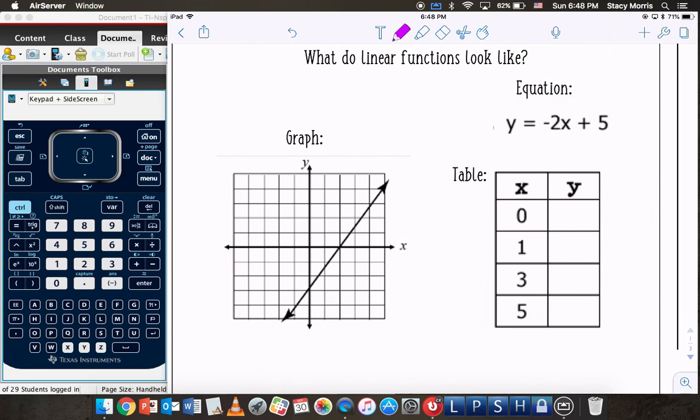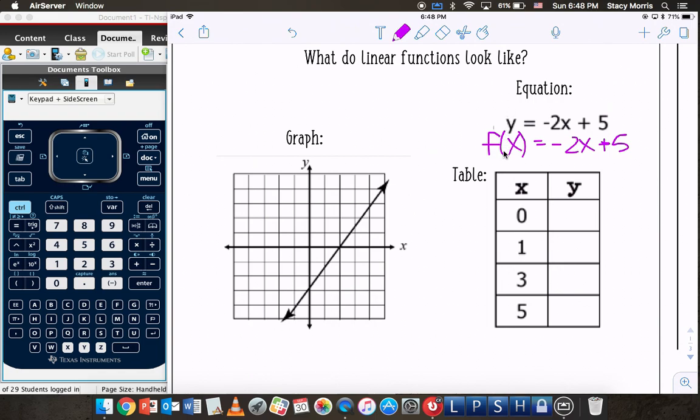So I can just replace that y with f of x equals negative 2x plus 5. This is the same equation, y equals negative 2x plus 5, or f of x equals negative 2x plus 5. Those are the same thing. It doesn't matter that it says y and this one says f of x.